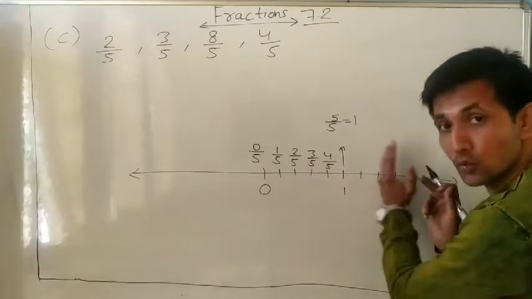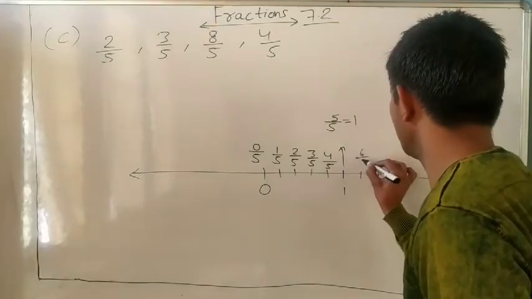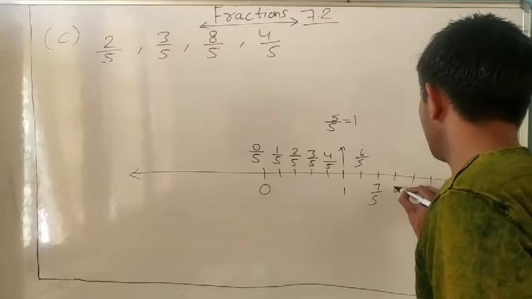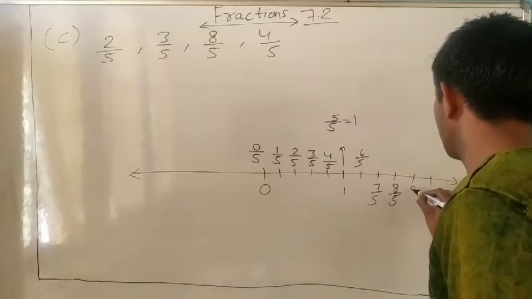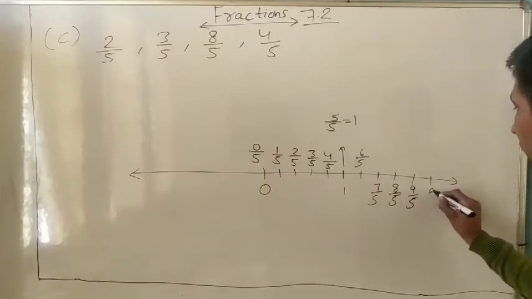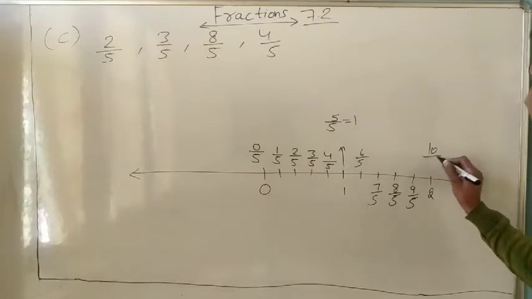So next to 5 we will represent 6 upon 5, 7 upon 5, 8 upon 5, 9 upon 5, and next it is 2, everyone knows. It is 2, and 10 upon 5.